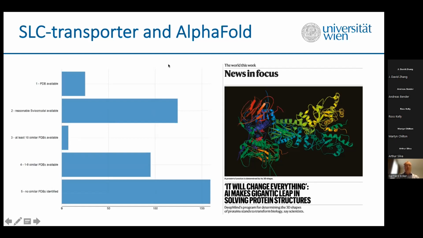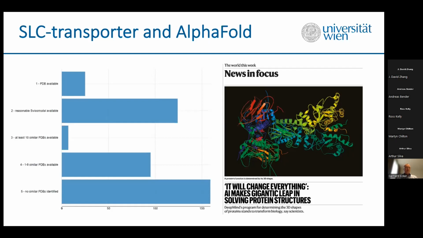What we did here, for example, is for SLC transporters, and we are doing a lot of work on transporters. We have a KNIME workflow where you just load in all the UniProt IDs of the proteins you're interested in, like, for example, the 460 SLC transporters, and then as output, for so many of them I have a structure available in PDB. For so many of them, I have a reasonable Swiss model available.